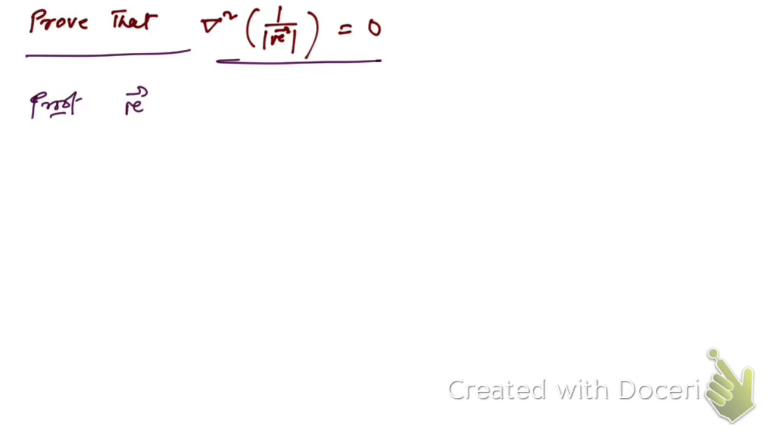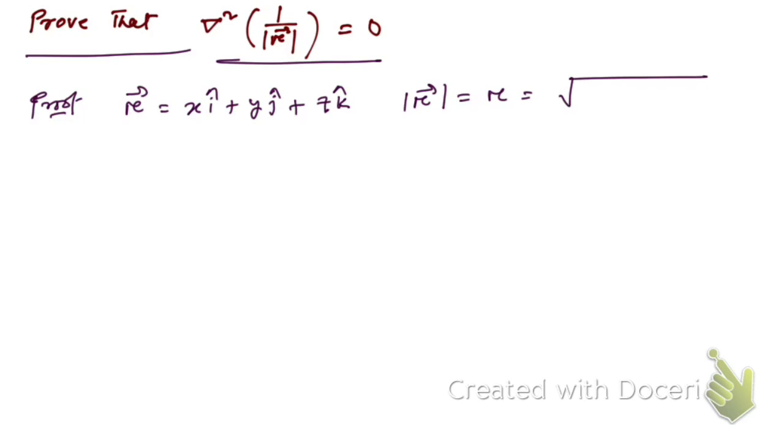So r vector means x i cap plus y j cap plus z k cap, right? So mod of r, or simply you can say r, is going to be the magnitude of this vector. That means the square root of x square plus y square plus z square. We can write this as x square plus y square plus z square whole to the power half.